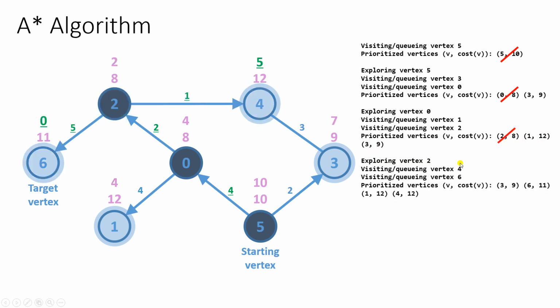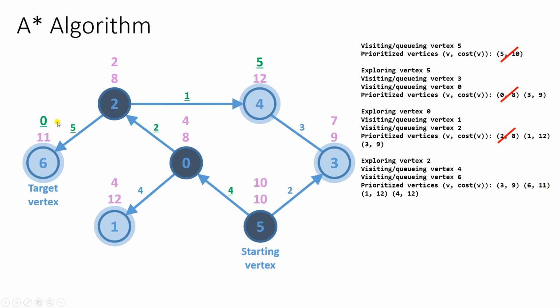We are pulling it off the priority queue, and we're exploring it, and this exploration will make us visit vertices 6 and 4, so that's why they are put into the priority queue. Here's vertex 4, and here's vertex 6.